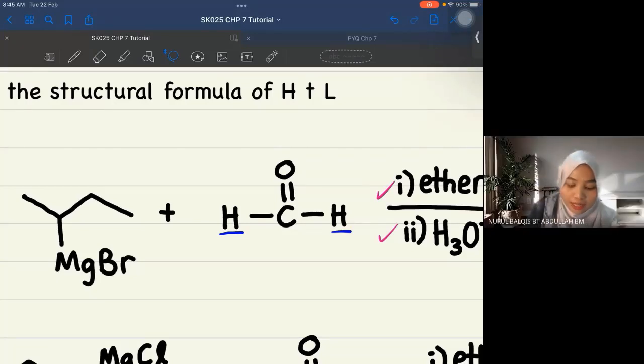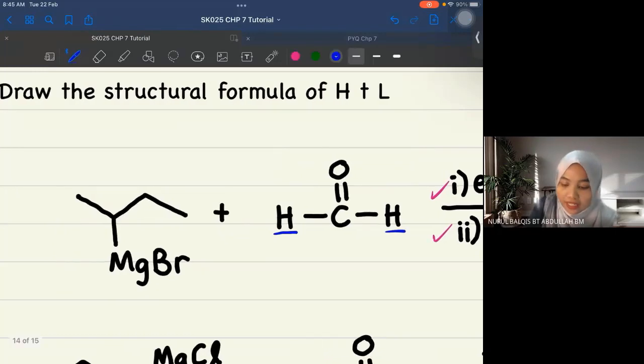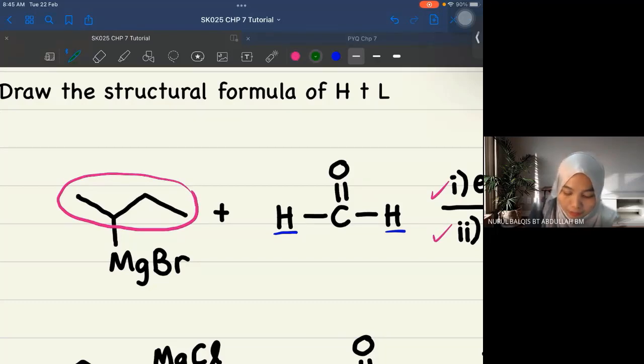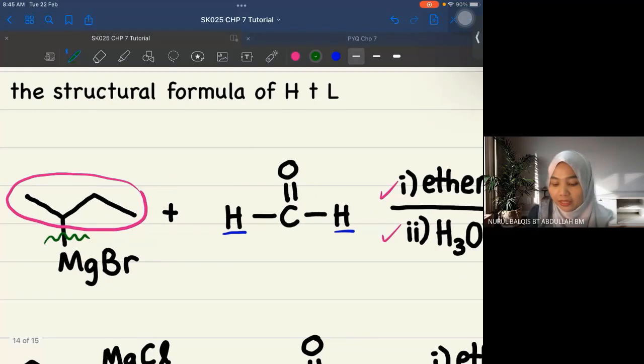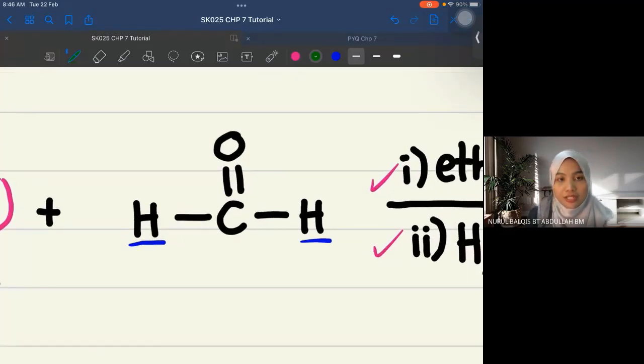Only one. Dekat Grignard ni kita akan masukkan this one alkyl group sebab kita nak pecahkan the bond between carbon and also this MgBr. So kita akan masukkan 1. Bila awak nak masukkan 1 dan dekat atas carbonyl group awak ni awak ada 2 hydrogen, which class of alcohol to be formed do you think?